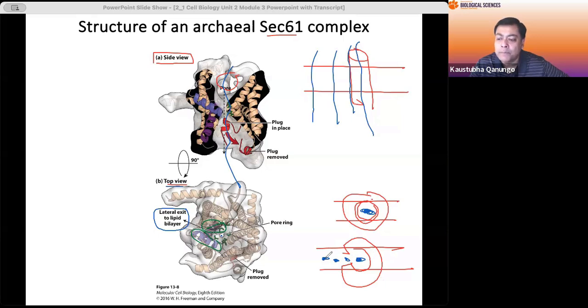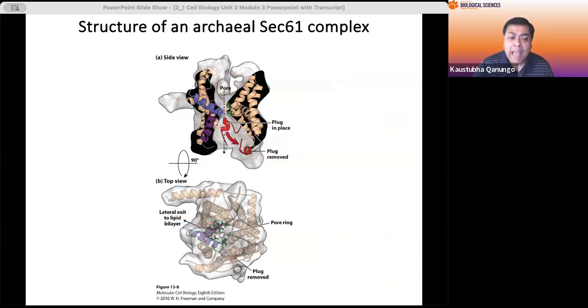This is from the top view. So this can open and close, a lateral exit to the lipid bilayer. This is the concept that you are seeing in a translocon, and this is important for your membrane proteins. The protein which is soluble doesn't need to exit. The entire thing will fall through the pore of that central channel into the lumen. But this concept is important to see the membrane proteins.